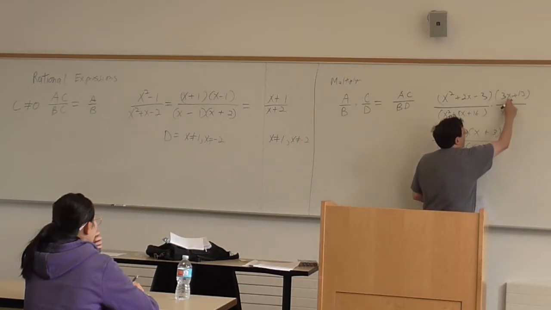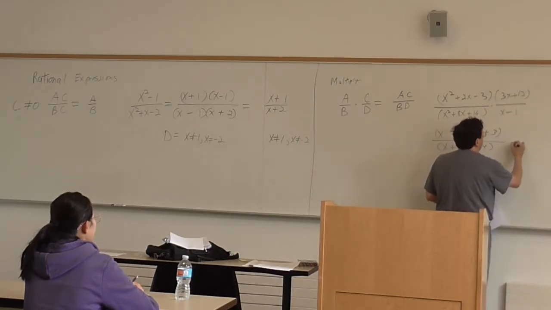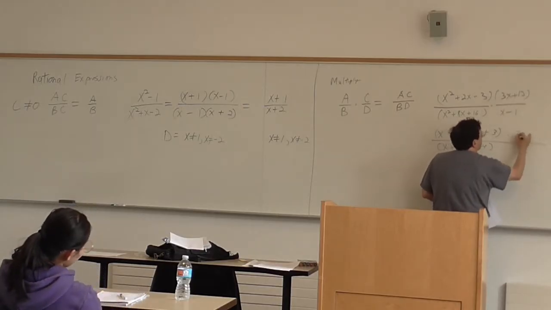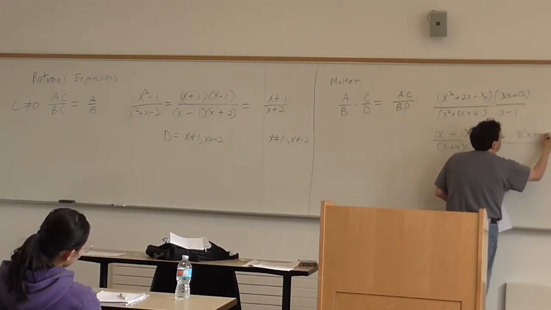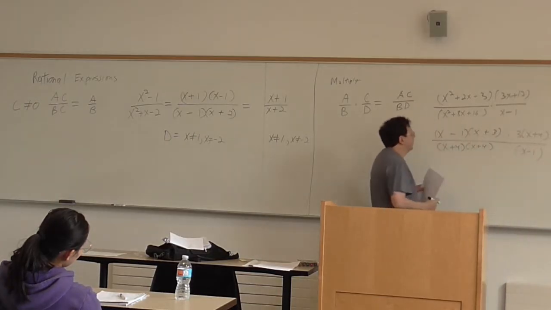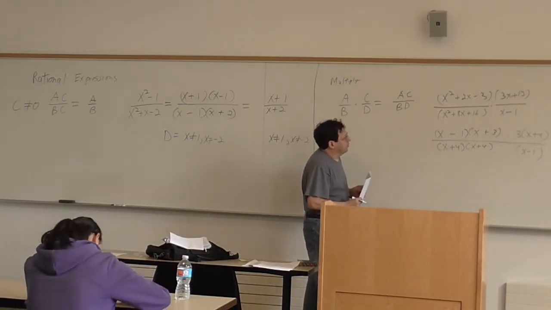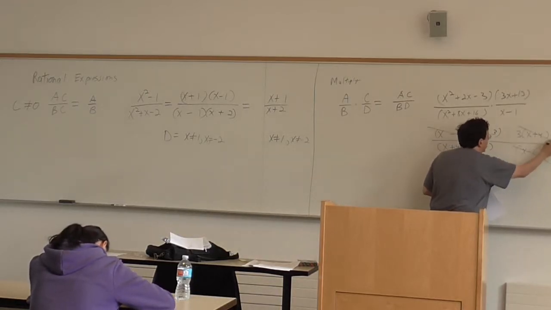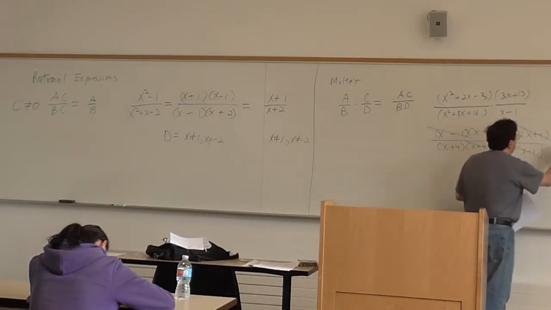Okay, here I have a factor I can just multiply here. This is 3x plus 4, and we have x minus 1 below. Okay, so there's some canceling we can do here. x minus 1, x plus 4.